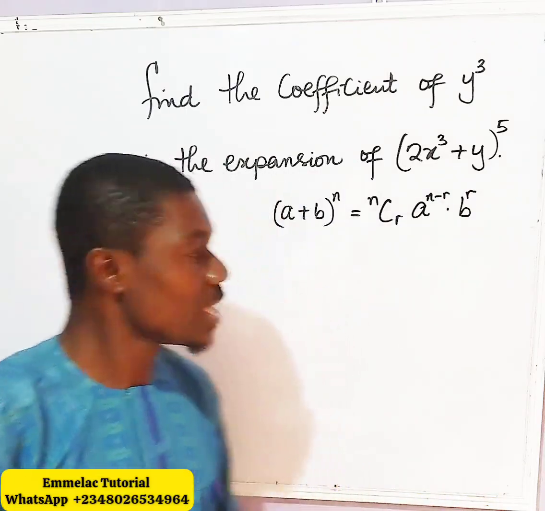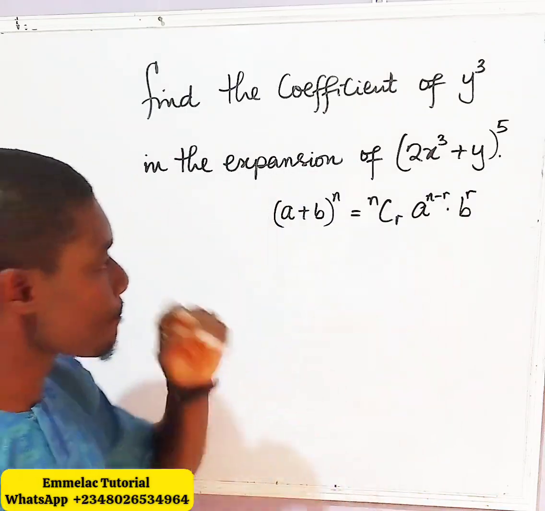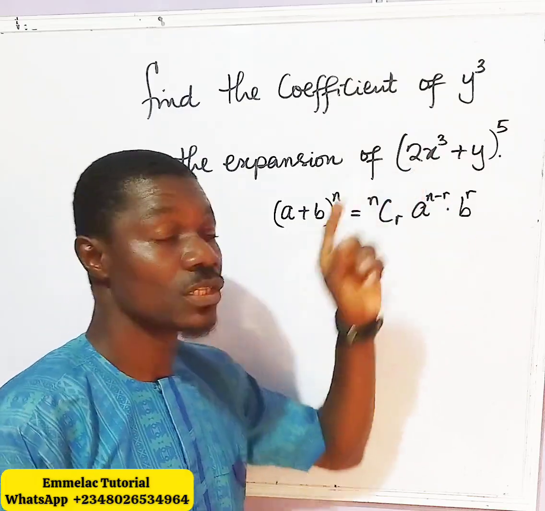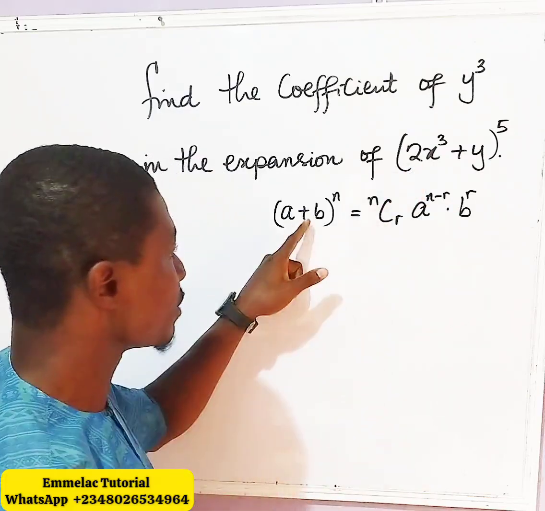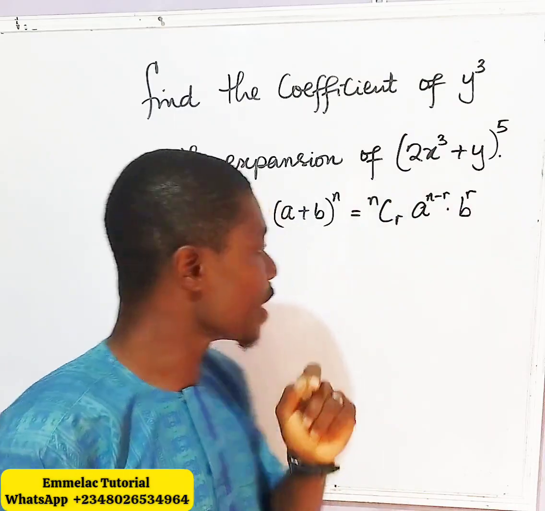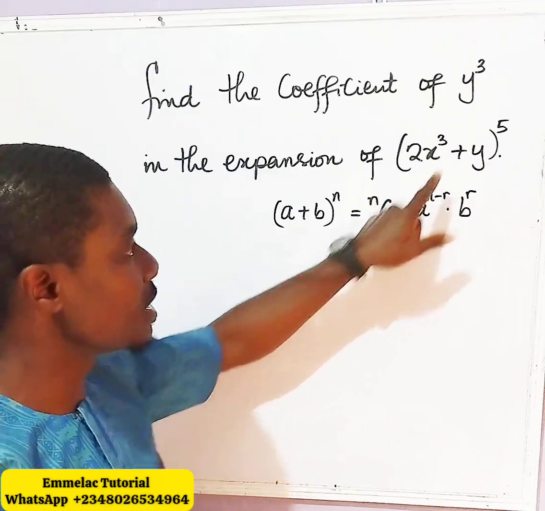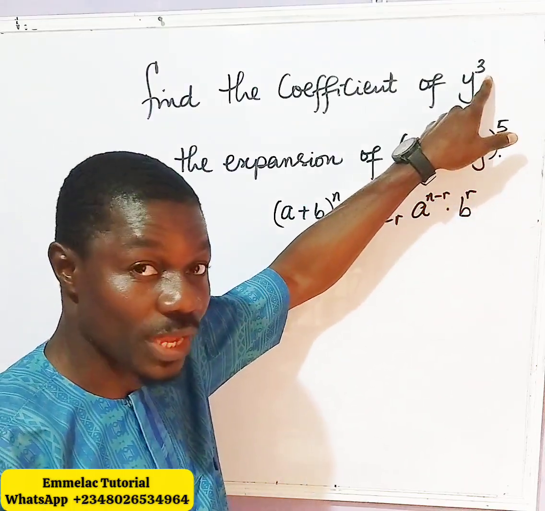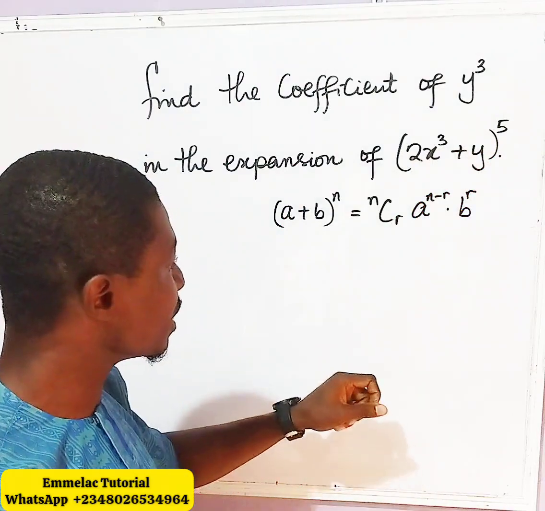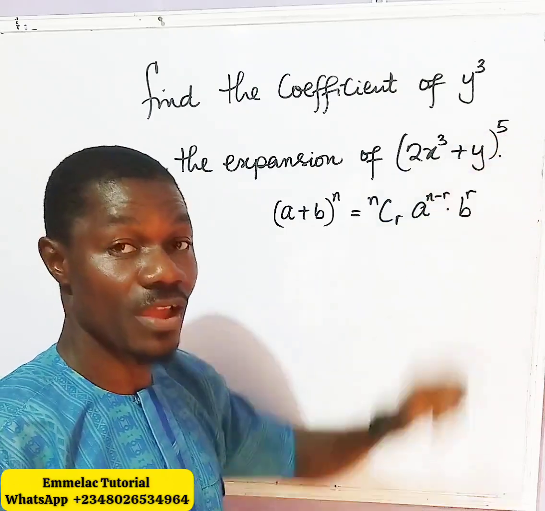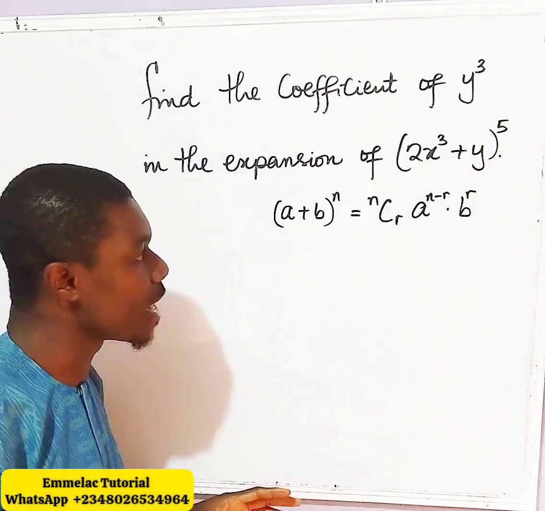Now using this formula here, our a is 2x cubed and b is y. And r here is the degree of the term we are aiming at, and n here is the degree, 5.